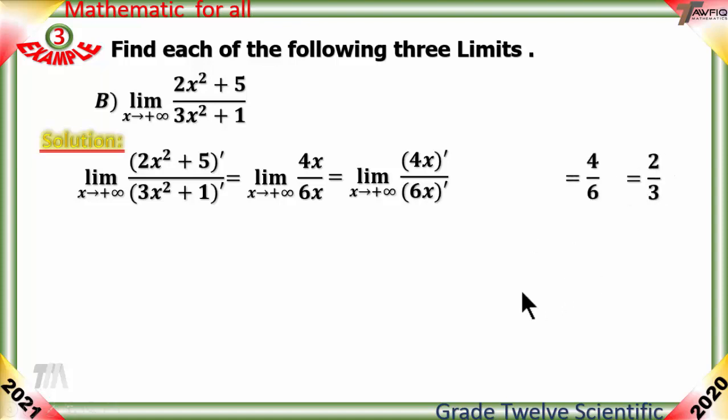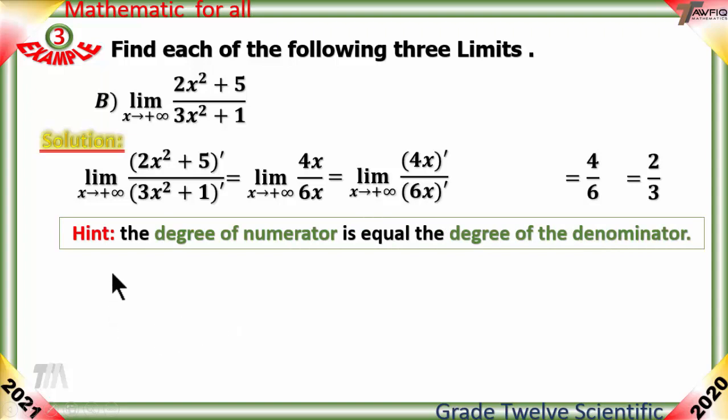As you can see, the degree of the numerator is 2 and the degree of the denominator is 2, so the limit is 2 over 3, and y equals 2 over 3. That means the coefficient of x squared at the numerator over the coefficient of x squared at the denominator.